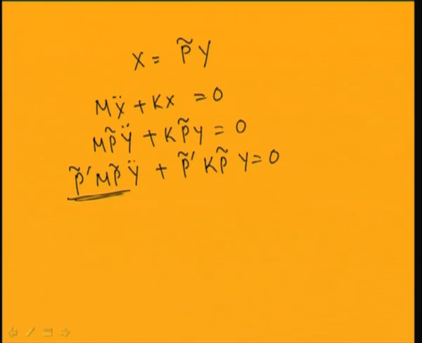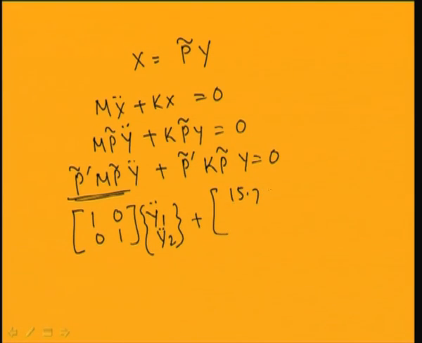Already you know that this is the identity matrix, so y1 y2 double dot plus 15.7, 0, 0, 159.3 times y1 y2 equals 0 0.